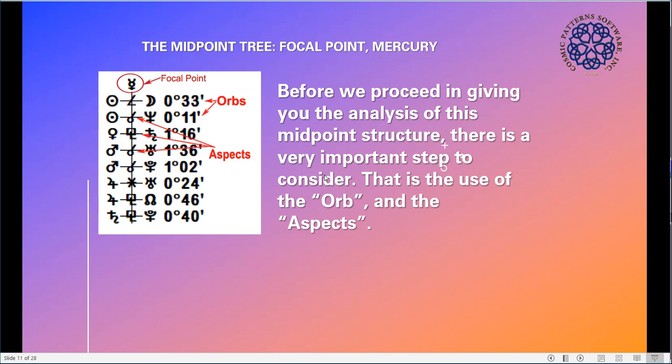Before we proceed to the analysis of this midpoint structure, there's a very important step to consider, that is the use of the orb and the aspects. You can see on this image, right here in the middle, these are the aspects, and these numbers on the right are the orbs.